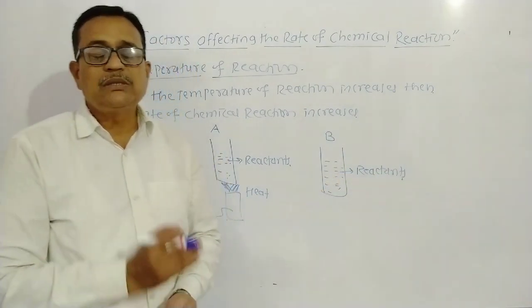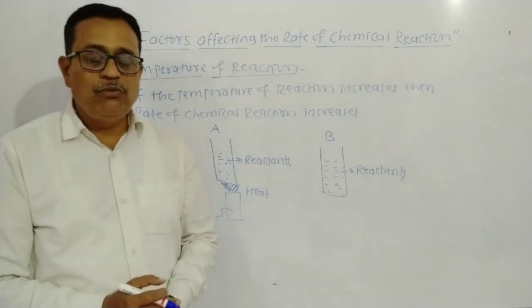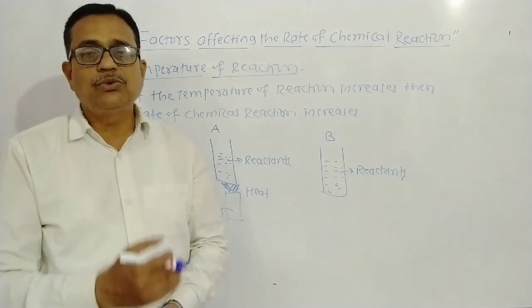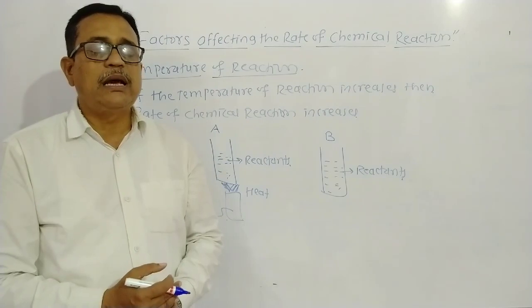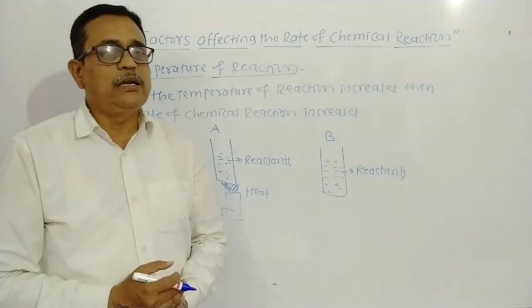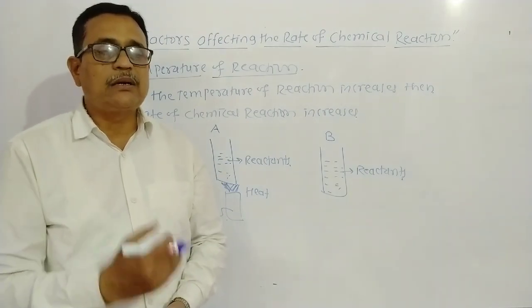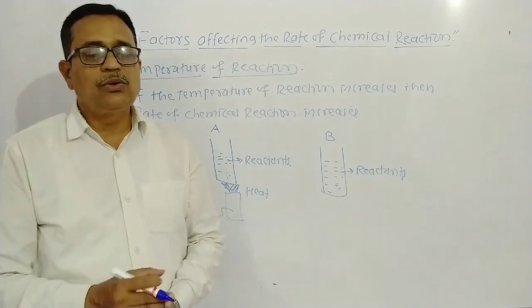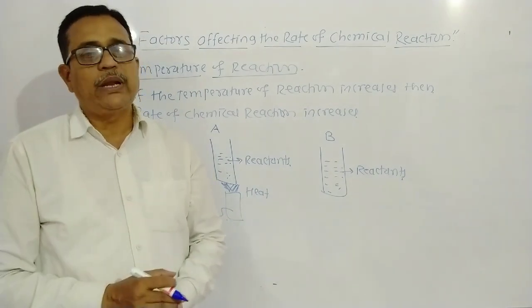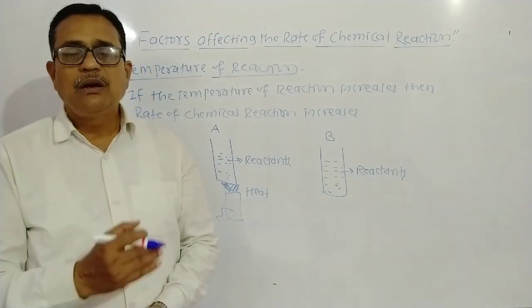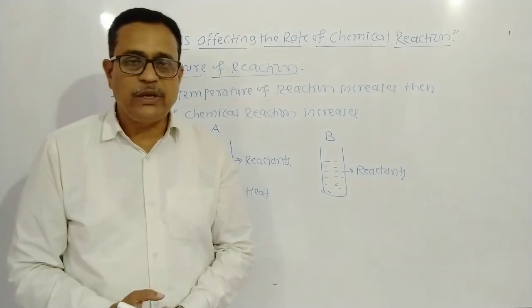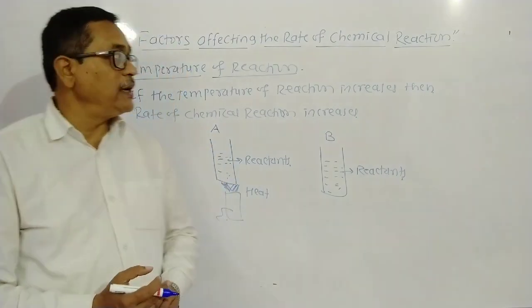Means when we provide heat energy to the reactants in any chemical reaction, then due to that heat energy the temperature of reactant increases, and that affects the speed of reaction. Due to the heat given, the temperature increases and the speed of chemical reaction increases.